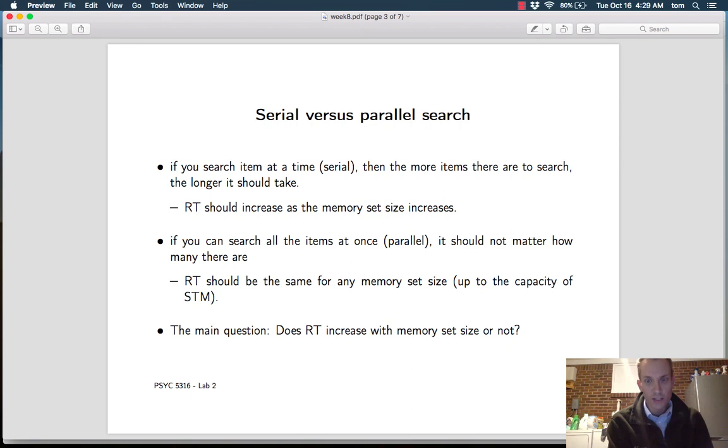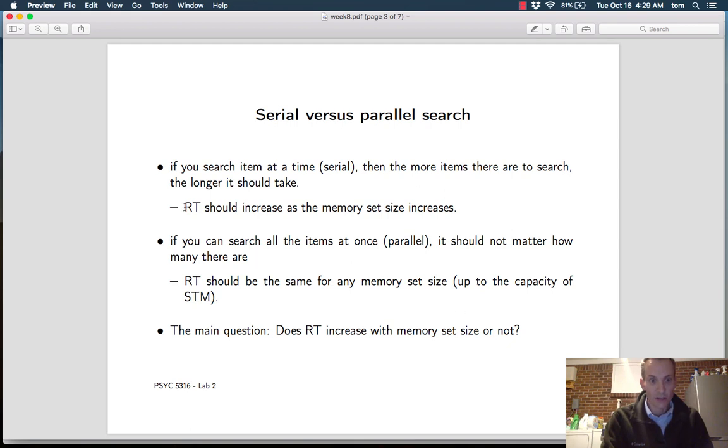So, the issue that we are trying to decide is an issue of serial versus parallel search. What does this mean? Well, if you search one item at a time through that memory set, when you see the probe and you're searching, is this probe a member of the memory set, and you're just looking at each member one at a time, then it stands to reason that the more items there are to search, that is, the more items there are in that memory set, the longer it should take, since you're incrementing through them one at a time.